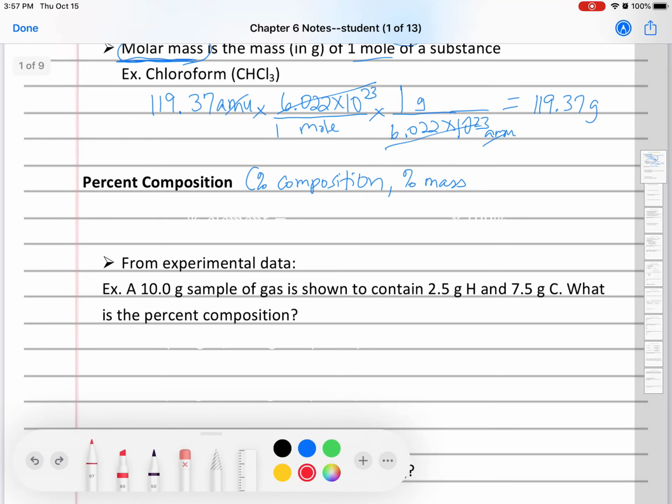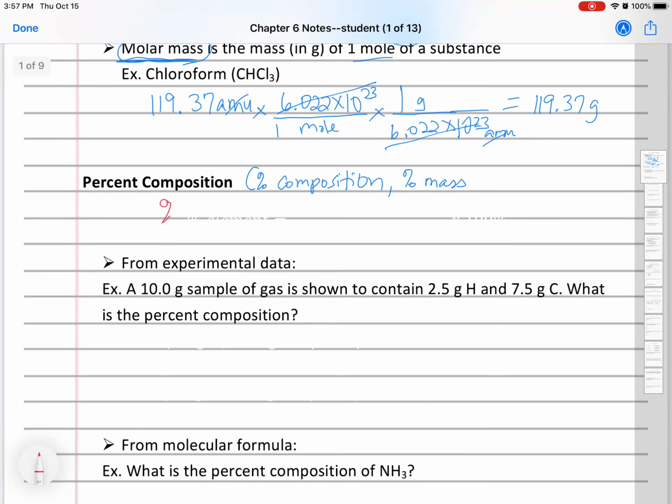All right, the formula for percent composition is the mass of an element divided by the mass of the compound, times 100% to turn it into a percentage.